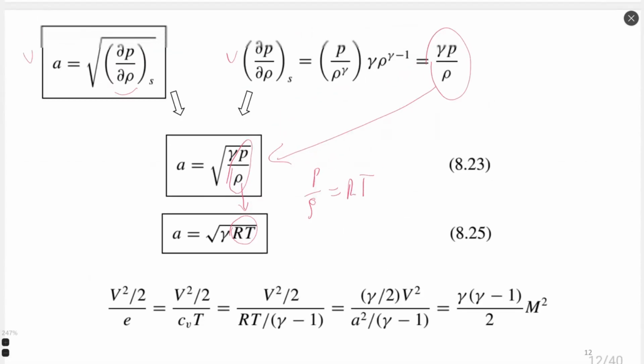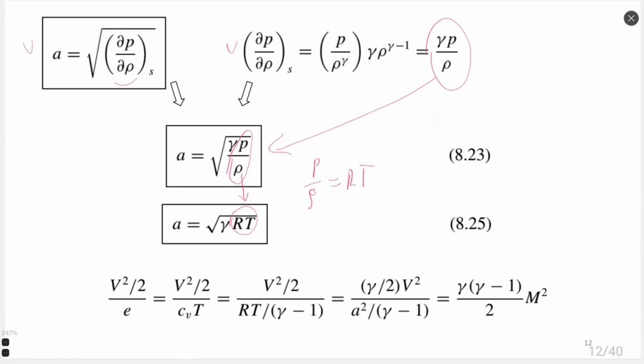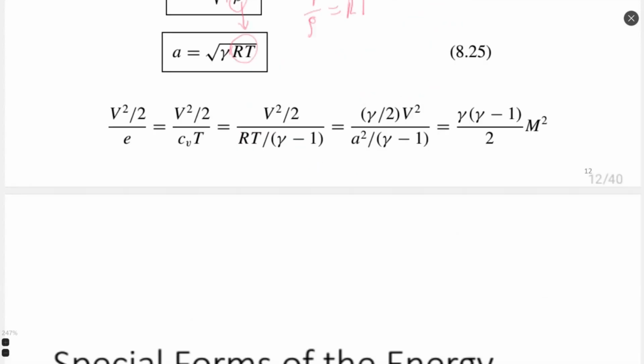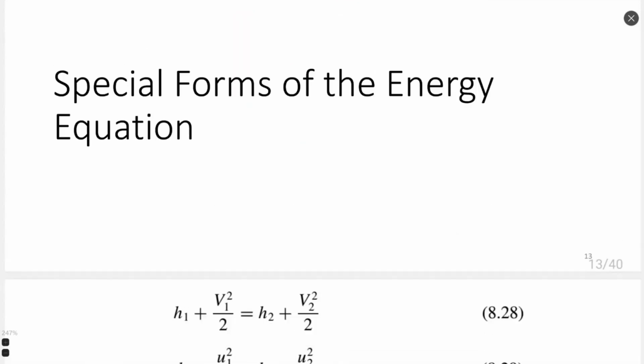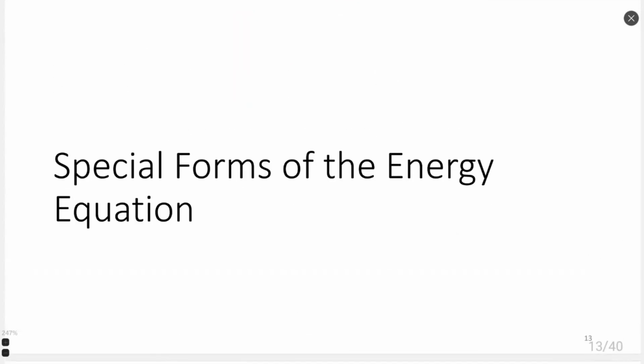Now, not right now, but very soon we will go back to the model of normal shock wave. But before, Anderson proposes to talk about different forms of the energy equation. This topic is extremely important because it opens to us several possibilities in analysis of compressible flows.